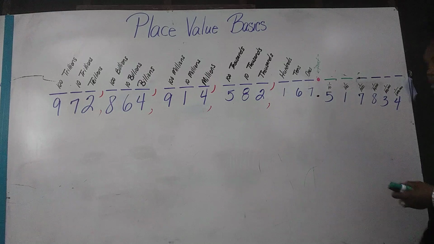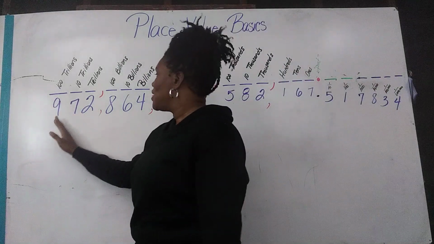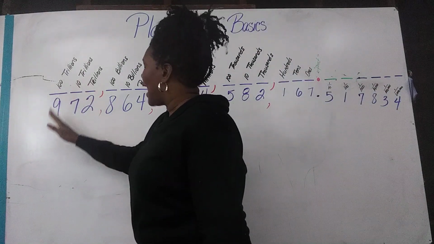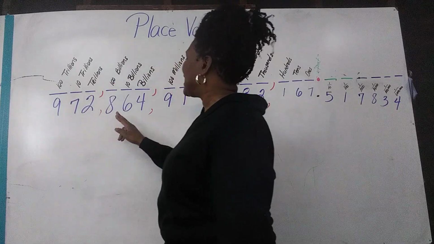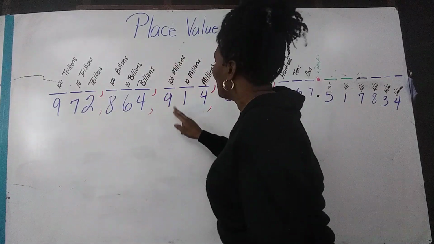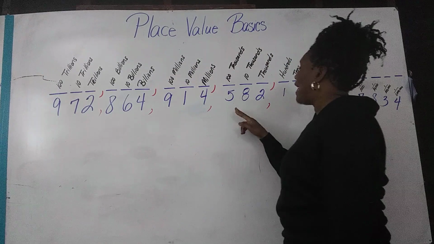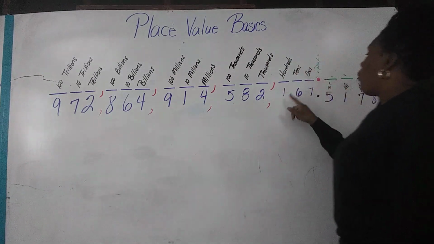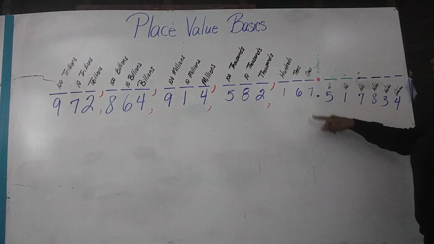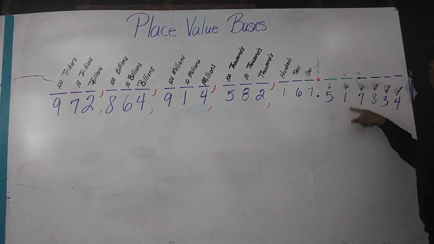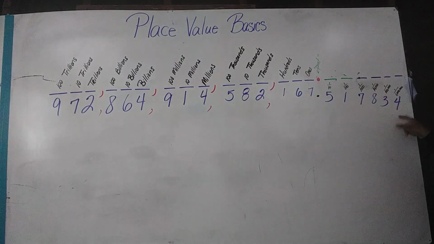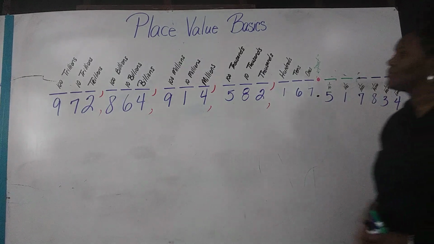This is how we read this number: 972,864,914,582,167.517834. That's how we read that number.